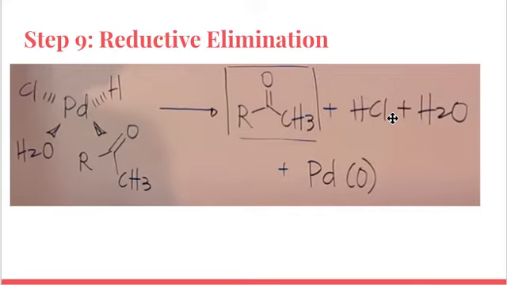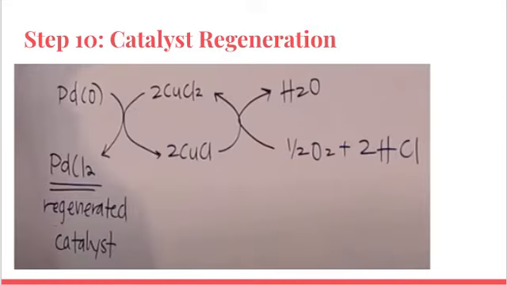And to make this process a little bit more efficient, you want to regenerate your catalyst. So remember we had PdCl2 as our catalyst. Now after you take off all the ligands, you only have palladium. So to regenerate your catalyst, use CuCl2.